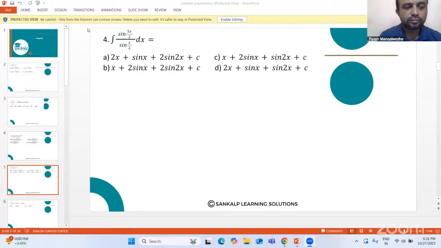Okay, let me start. It is a key identity. You can treat it as sin A minus sin B. What is sin A minus sin B? Sin A minus sin B gives 2 cos of (A plus B) by 2 into sin of (A minus B) by 2.